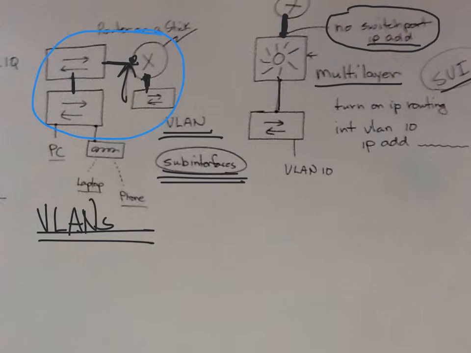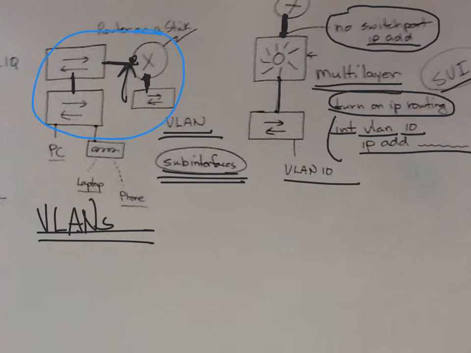Down here we can have a trunk. So our different VLANs, like VLAN 10, can trunk through here. Then inside the multi-layer switch, we can turn on IP routing, and we can go interface VLAN 10 and give it an address.